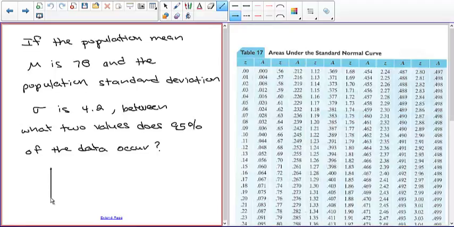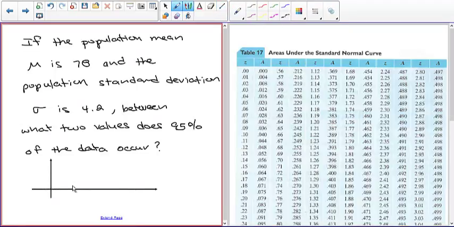So we draw this axis, and we draw a little standard deviation thing like that. And at the population mean, we write that down, 78. What we're trying to do is figure out what this number is. We'll call that A, and this number B, where 95% of the data, meaning 95% of the area, is underneath the curve.